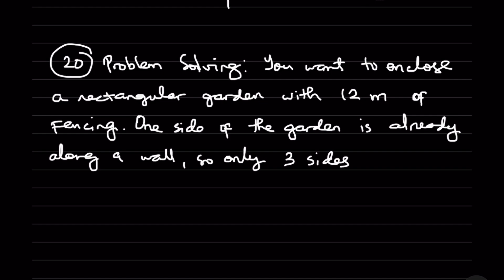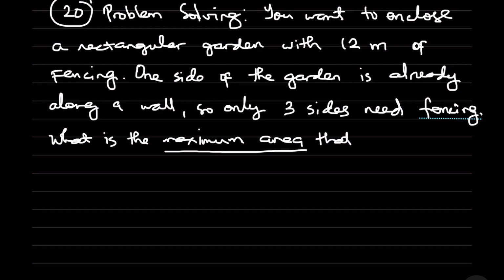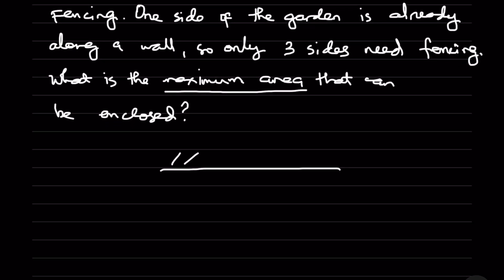So only 3 sides need fencing. What is the maximum area that can be enclosed by the fencing? So let us visualize this.